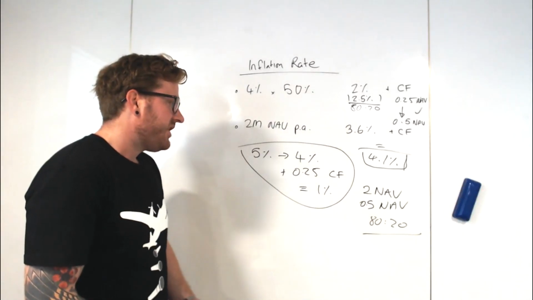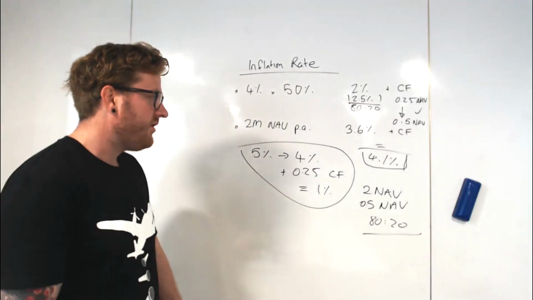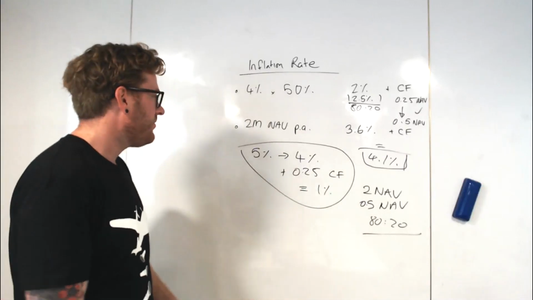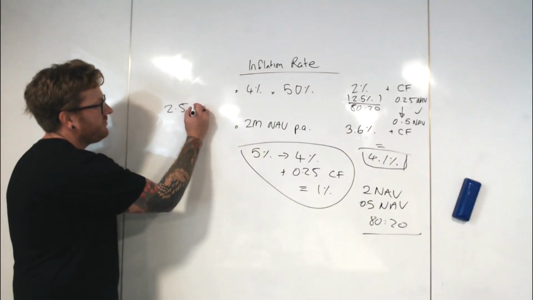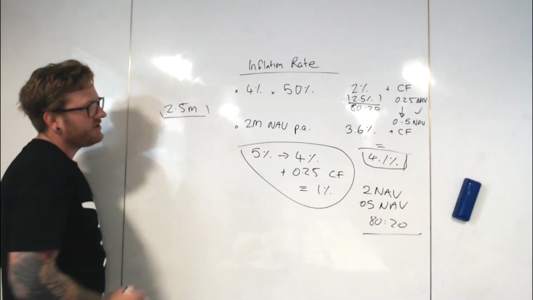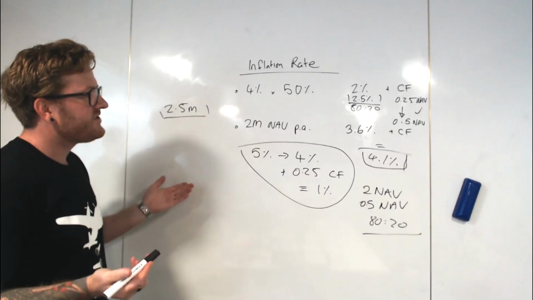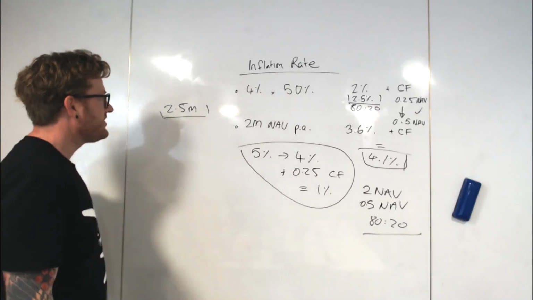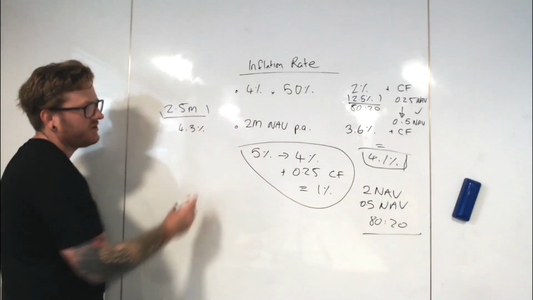So yeah, and that means we get 2.5 NAV per block mined, which means if we have roughly a million blocks per year, is 2.5 million generated each year. And as a percentage of 63 million coins, it's still only like 4.3% or something like this, right?